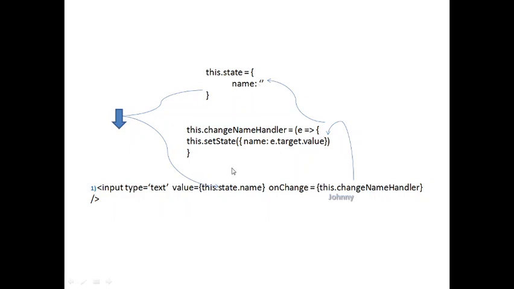So it works in a circular way. React will always access the form elements using the state object only. We cannot update state directly. We will be using setState. So this is a basic intro of basic form handling.